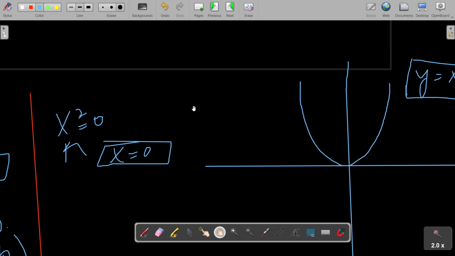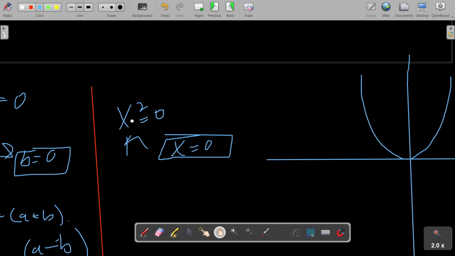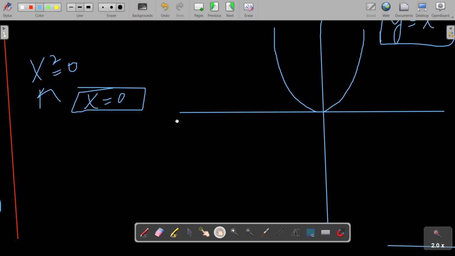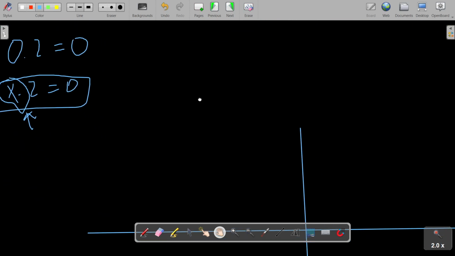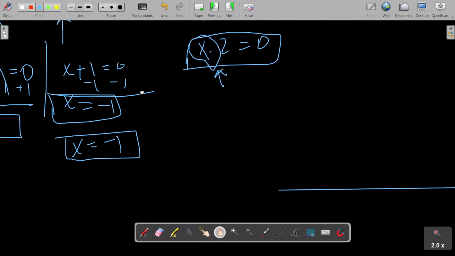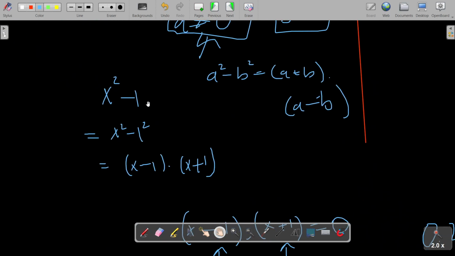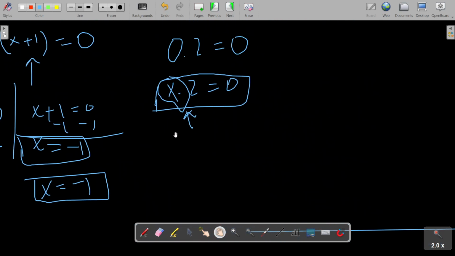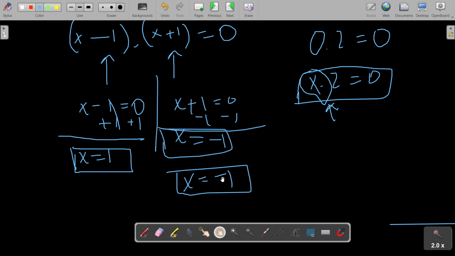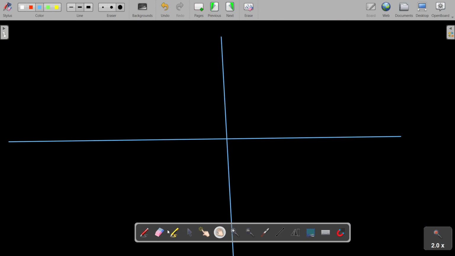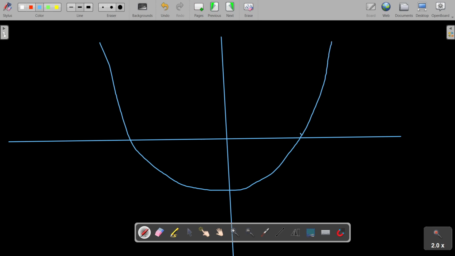We can see that x squared is equal to 0 becomes true when x is 0, and x squared minus 1 is equal to 0 becomes true when x is plus 1 or minus 1. Here, this is x equal to plus 1, and this is x equal to minus 1.